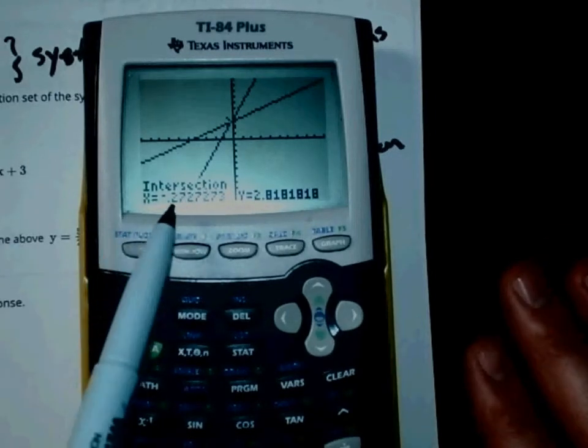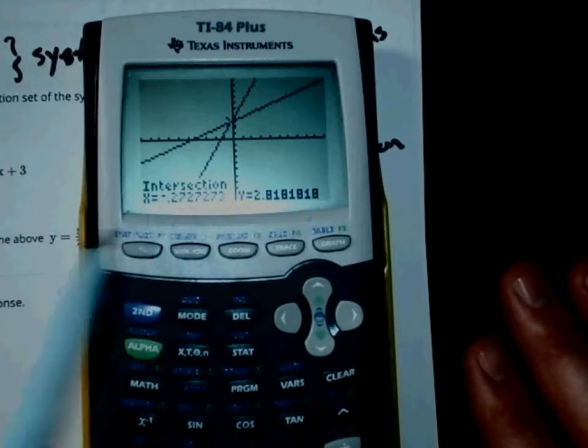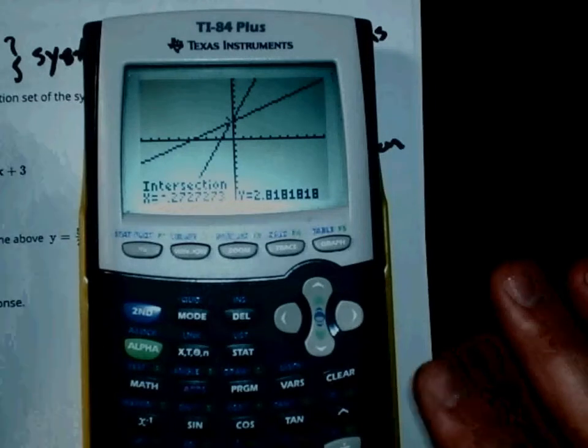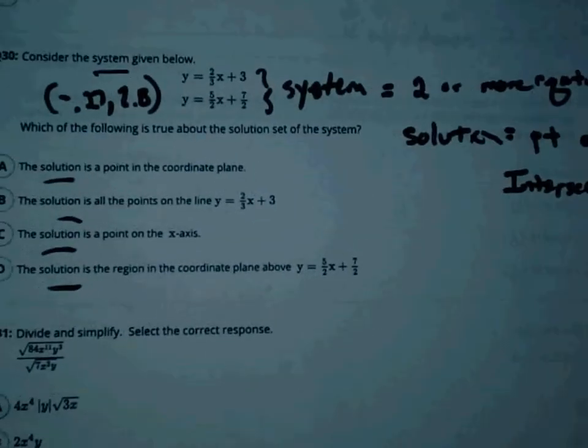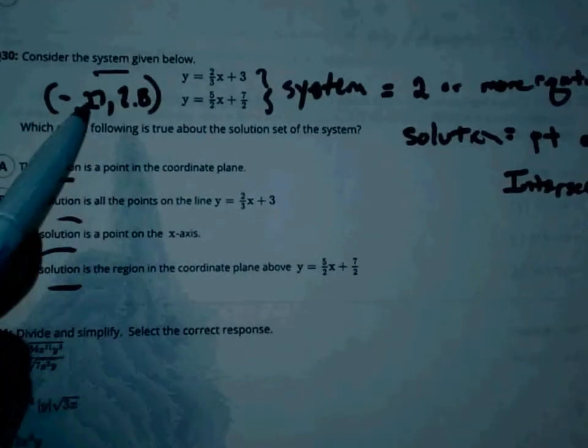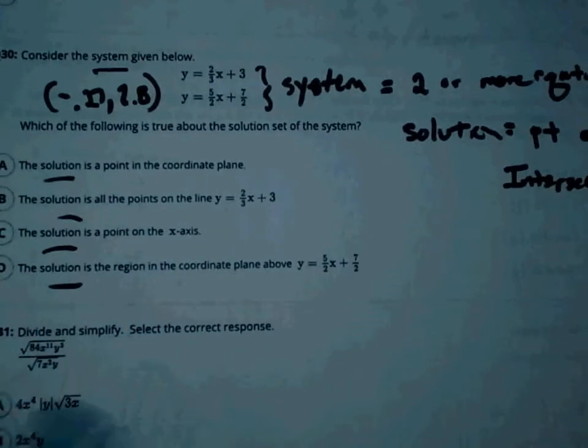And so now we see that the point of intersection here is, and I'm just going to write it down because it'll help us analyze it, negative 0.27 and 2.8. All right? And so there is our point of intersection. So let's take our solution and see how it compares to these things that are true.